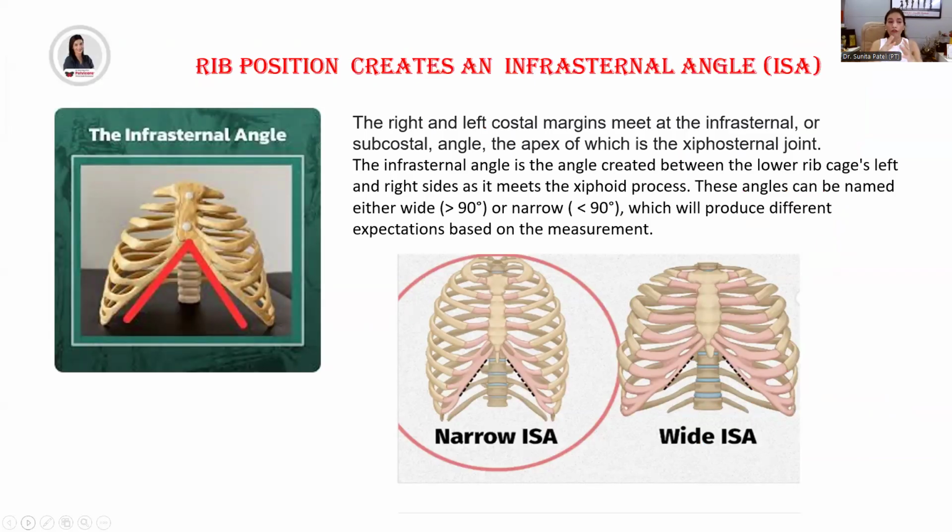Normally, what should the infrasternal angle be? It should be around 90 degrees in a normal person. Once this angle is 90 degrees, you can understand that your diaphragm is not hypertoned or hypotoned. It has good tone, a good dome-shaped muscle, not too much concavity, not too much convexity. This is a very important angle which we should always assess in all our patients.